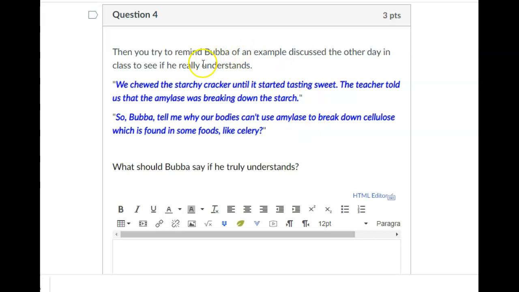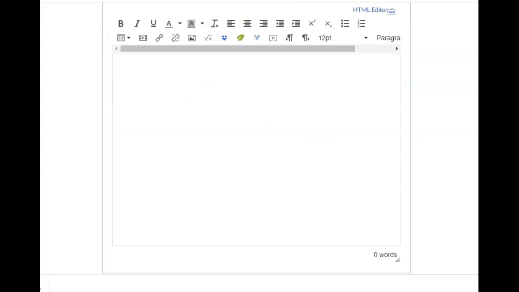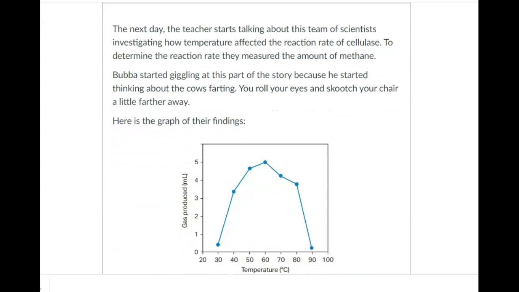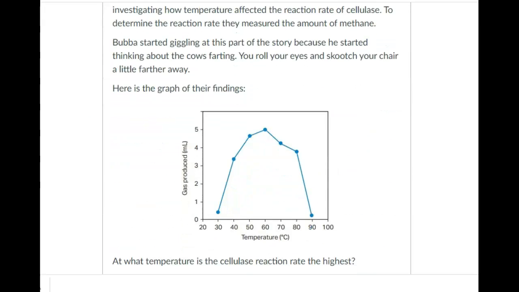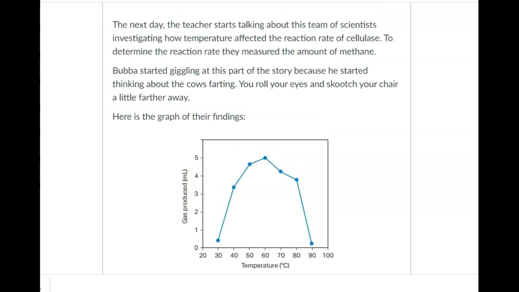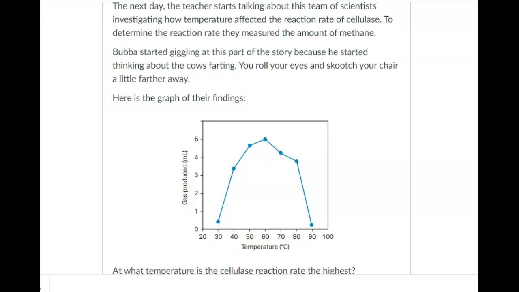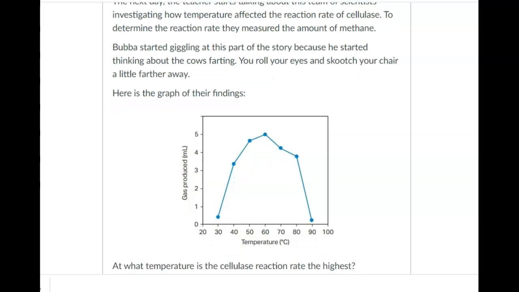So it's asking about enzyme specificity, not whether we can digest cellulose or not. And then hardly anybody had any problem with this. This was just interpreting a graph, which directly relates back to last Friday's investigation.